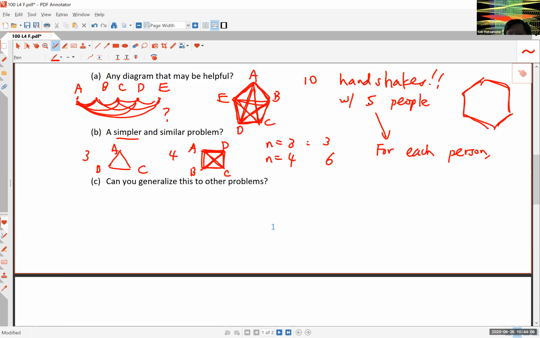For each of the 5 people, let's go ahead and erase this. Again, this is where the pictures could give you a clue, and then you have to think hard on what goes on with this.